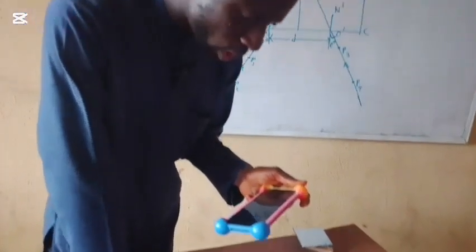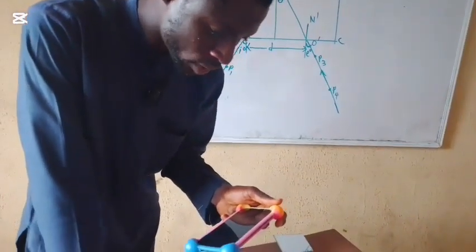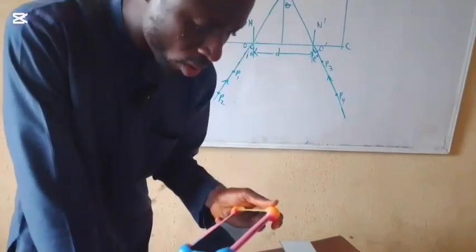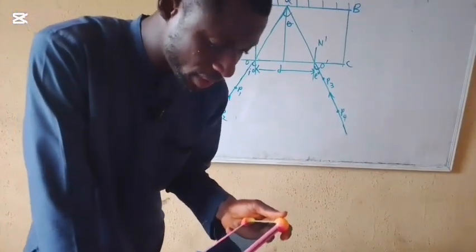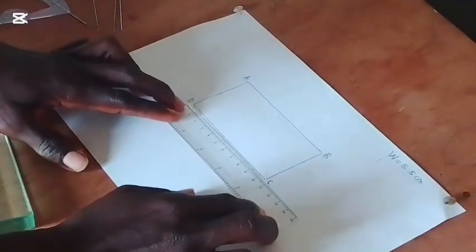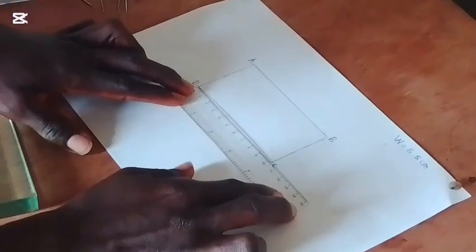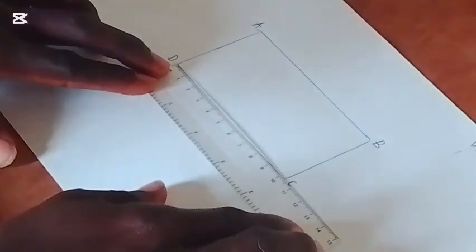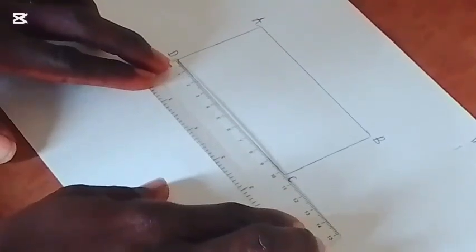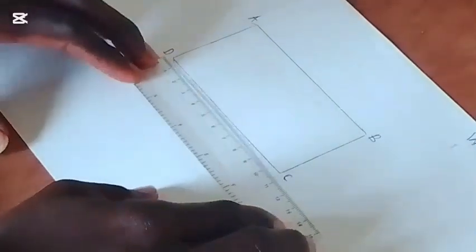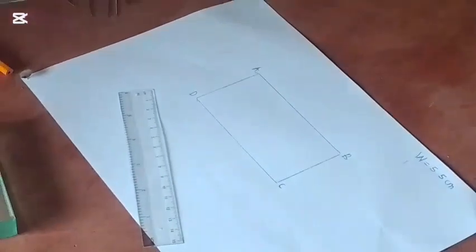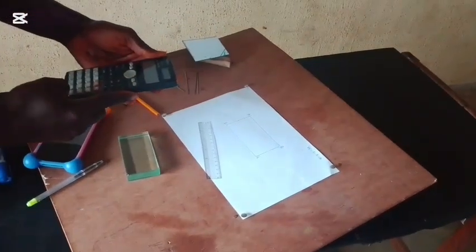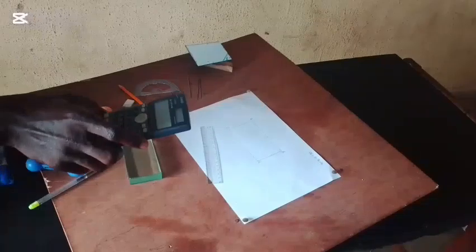It said we should draw a normal ON to DC at a point about 1/4 the length of DC. So we are measuring our DC. Yes, measure our DC here. We have 10.2. That is 10.2 divided by 4, because they said about 1/4.